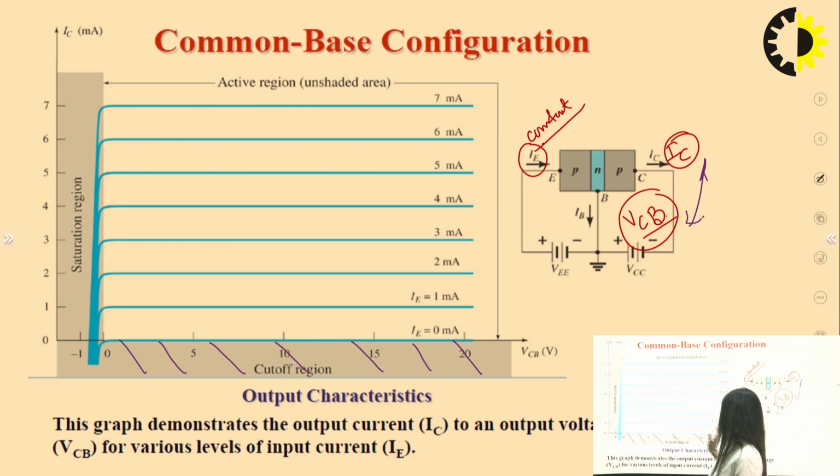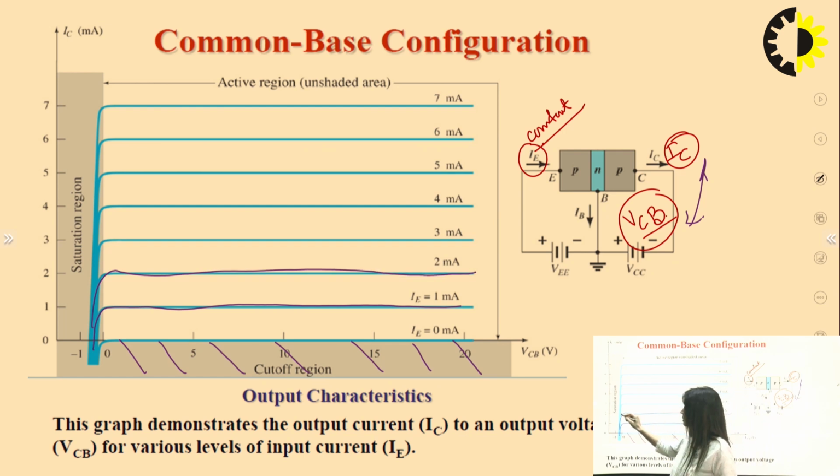As we increase the voltage VCB, the current slightly increases and then it becomes constant and gets saturated. Similarly here, we increase VCB more, and the current will increase first and then get saturated. Similarly, the graph will go like this. Here it is the saturation region.